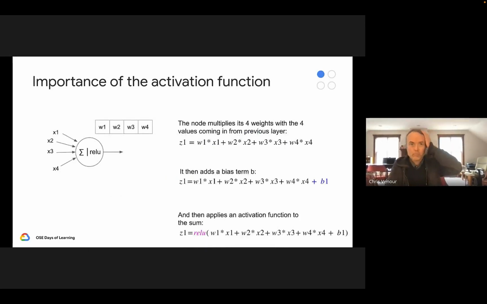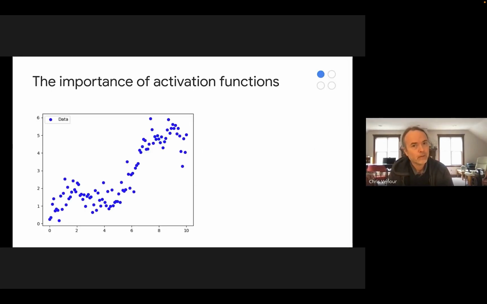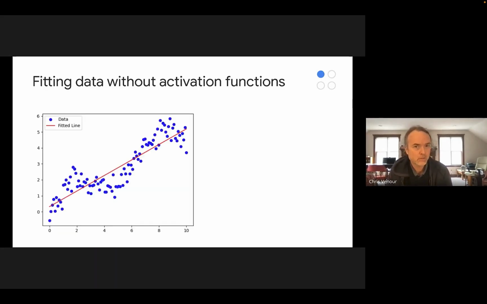So now let's just briefly look into why activation functions are important. The final step, if you remember, in the node's computation is to apply an activation function to the weighted sum of its inputs. And that's that pink term that you see there. So why are activation functions important? To explain, let me show you another example. Let's say the housing data looks like this.